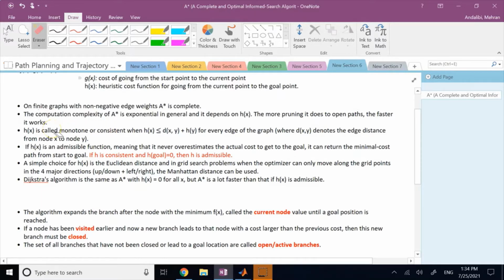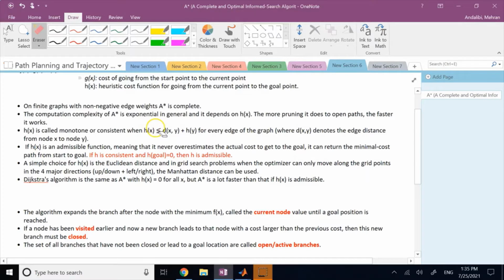Another definition, or one of the properties that we have for h, is called a monotone or consistent function. That is when h at node x is less than or equal to d between x and y plus h at y. So x and y are two nodes here, and dxy is the weight of the edge, or the edge distance between the two nodes.